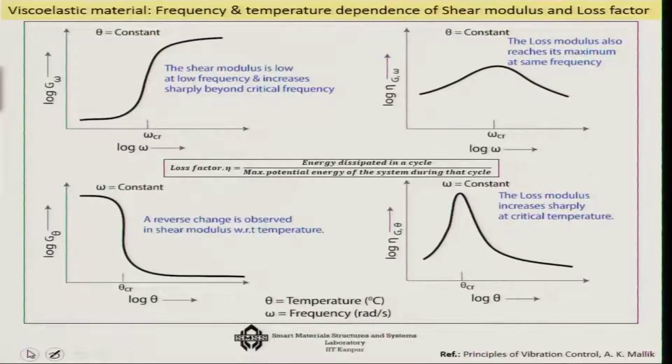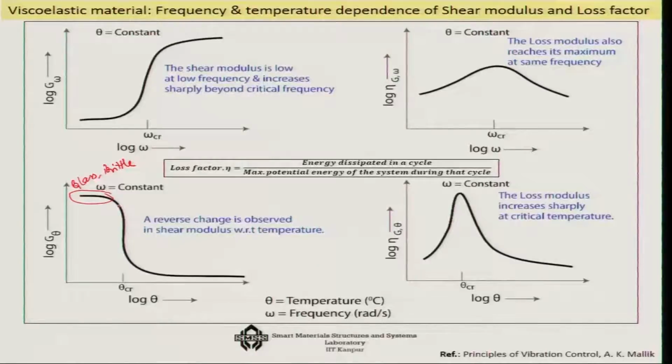Now, let us try to summarize the behavior of viscoelastic material with respect to frequency and with respect to temperature. It will be easier to first look at it with respect to temperature. At low temperature this is your glassy phase, and here it is brittle, yet it has a high modulus of elasticity.